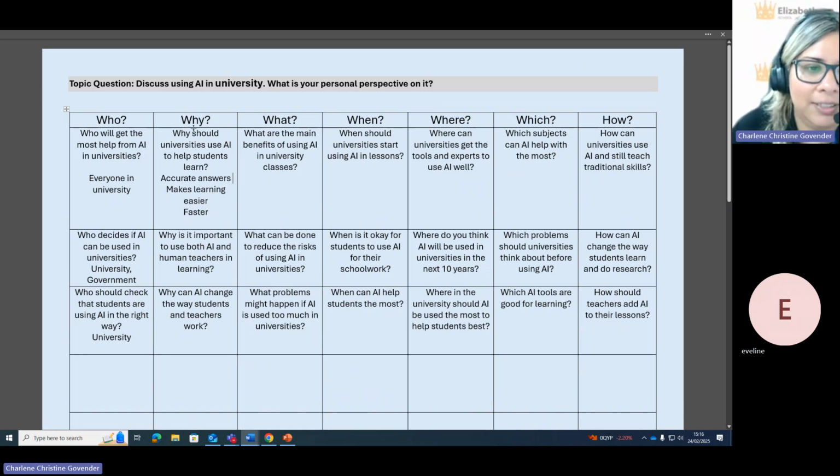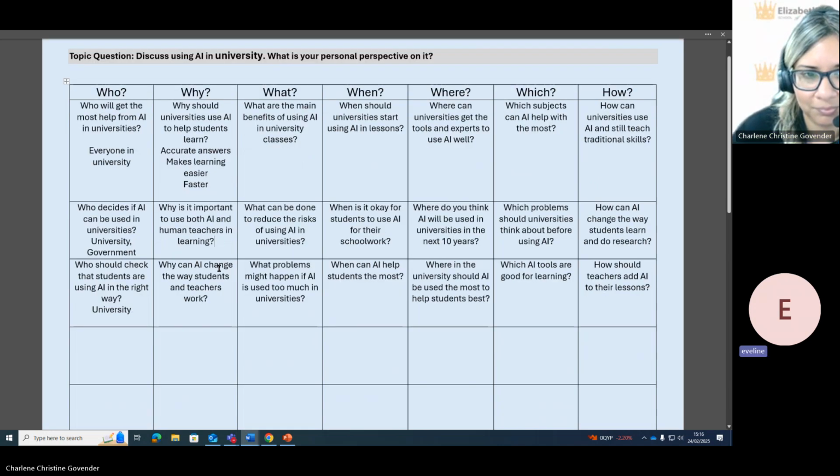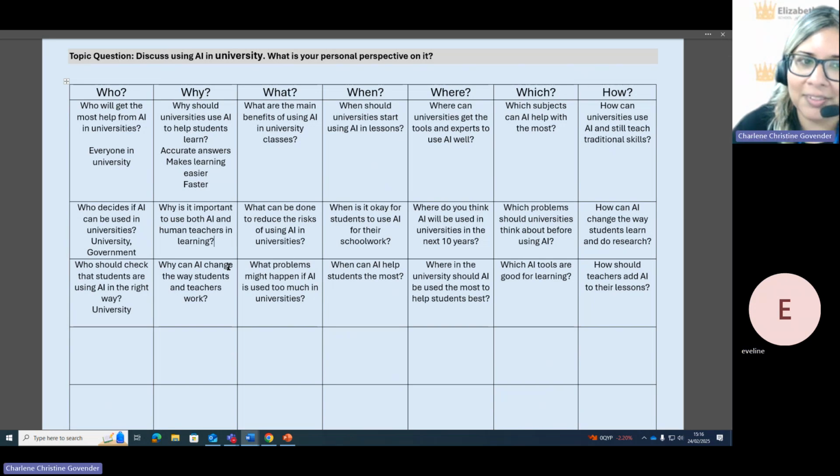So now let's look at the next question. Are you okay with reading it out? Yeah. Why is it important to use both AI and human teachers in learning? Now, this is an interesting question because it's saying we're going to use both. I don't know about you, but when I went to university, it was a few years ago. Well, I'm still studying now, but the AI is very limited in my studies.